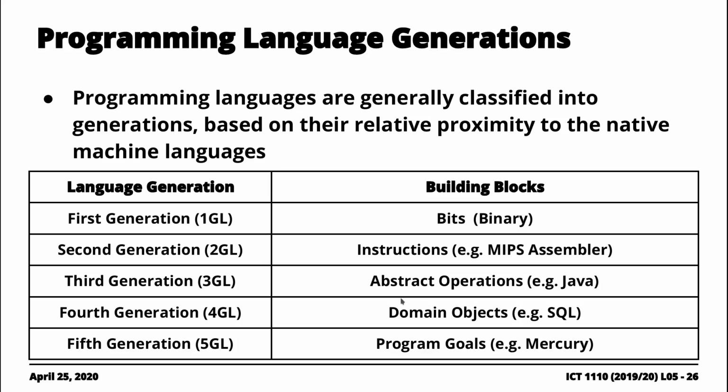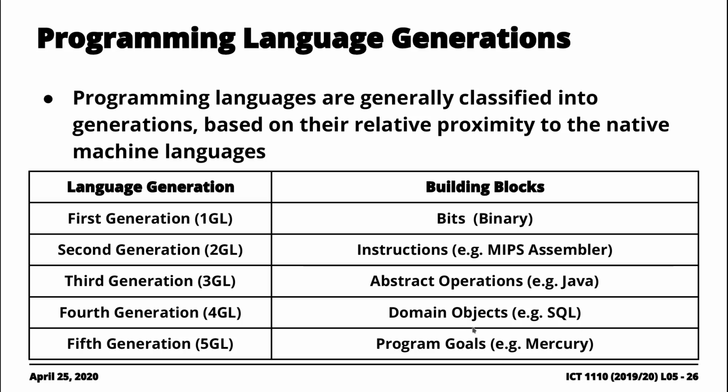And you notice that as you go higher up the hierarchy, you have things loosely associated with domain objects for fourth generation languages. A classic example here is structured query language. And then finally, in fifth generation languages, you're really looking at overall goals associated with a computer program that you might be interested in creating, right?